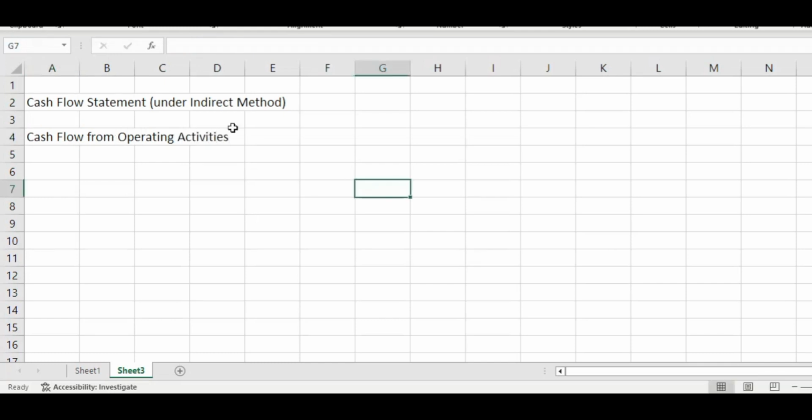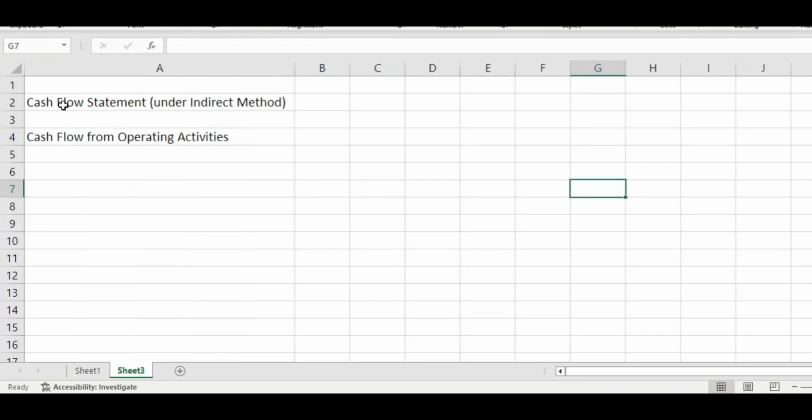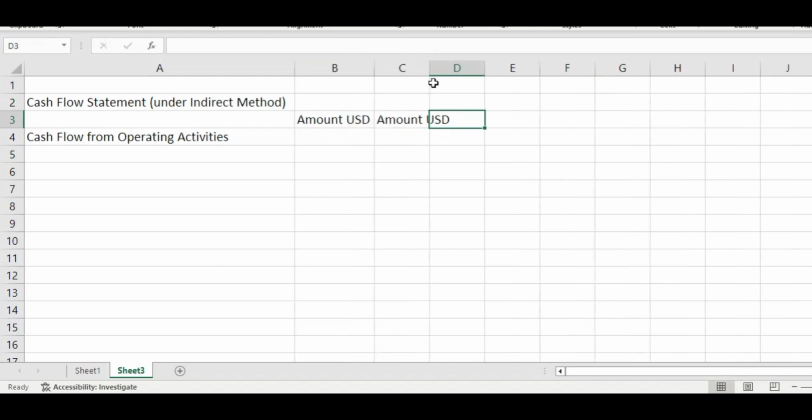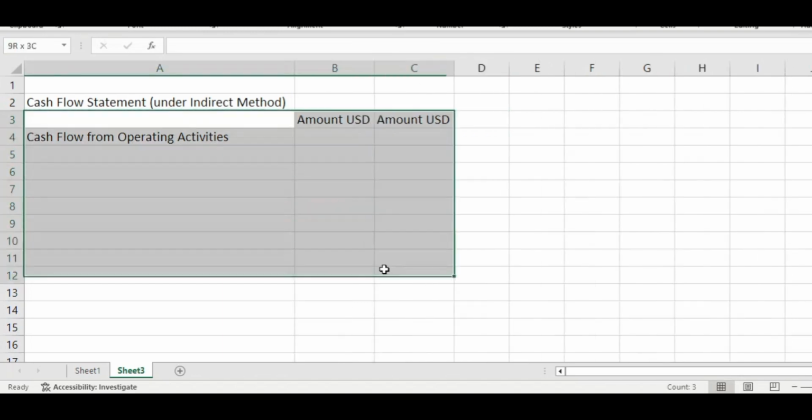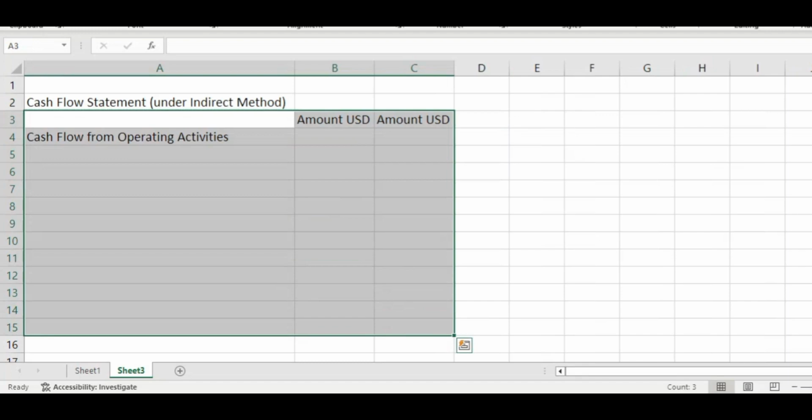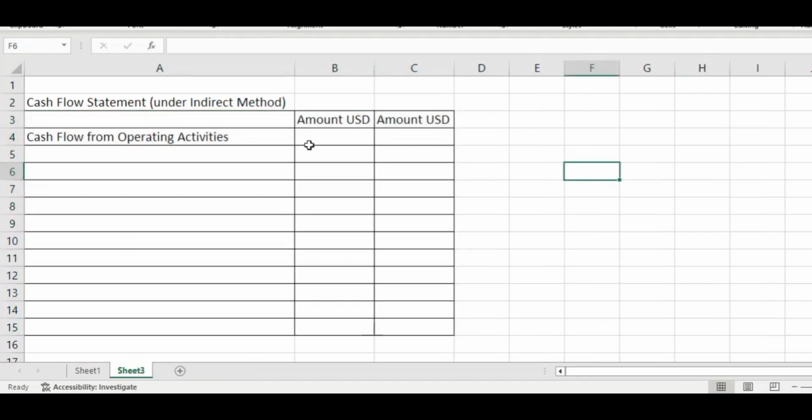We know that the cash flow statement comprises three parts: cash flows from operating activities, cash flows from investing activities, and cash flows from financing activities. In every case there may be cash inflow and outflow.